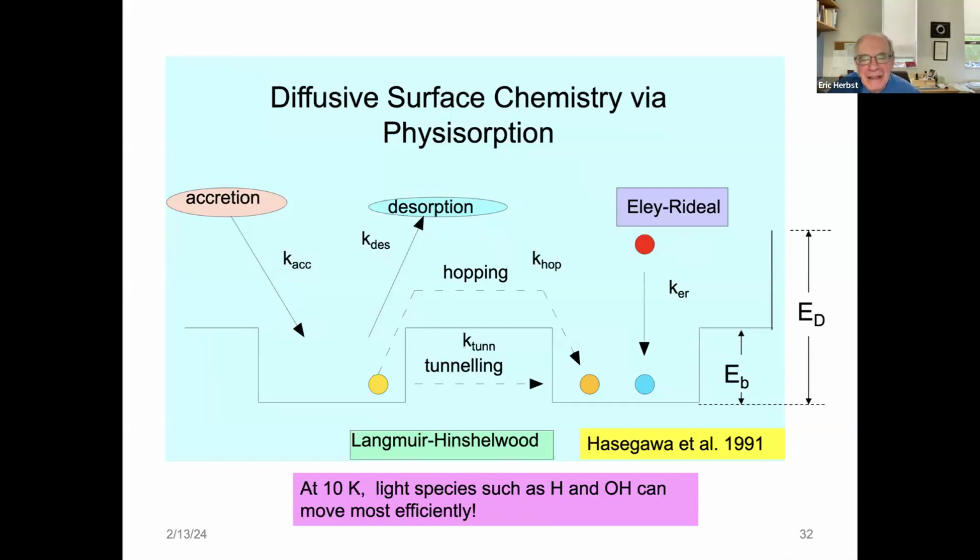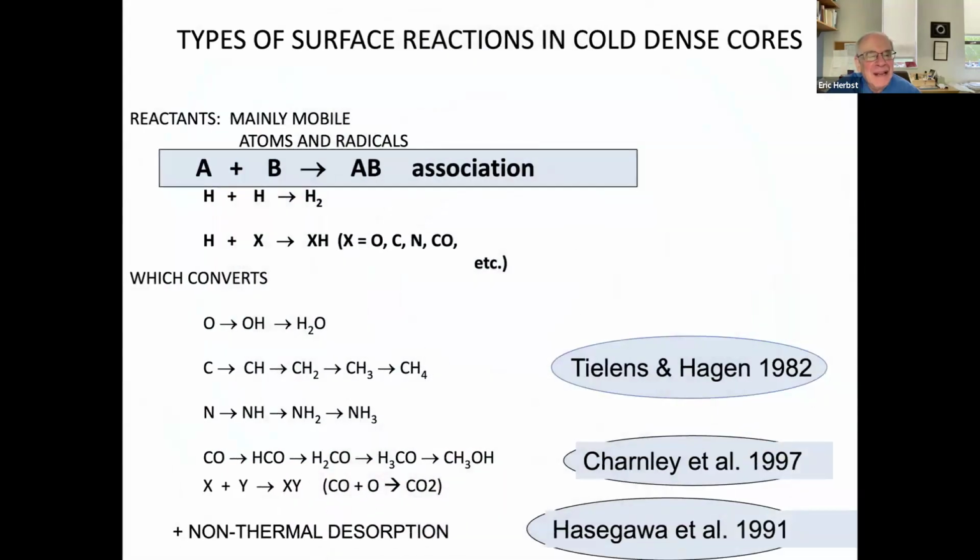And the simple diffusion is called the Langmuir-Hinshelwood mechanism. And then there is another mechanism, the Eley-Rideal mechanism, in which we start with a molecule here on the surface and something else comes down from the gas, and they can have a reaction that way. All right, and then we have plenty of reactions that can occur on the surfaces.